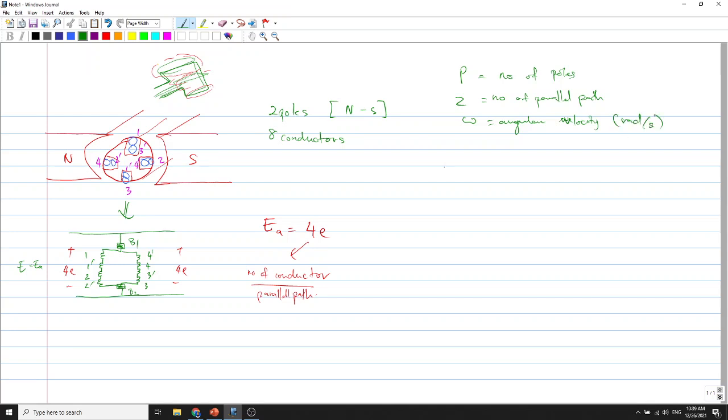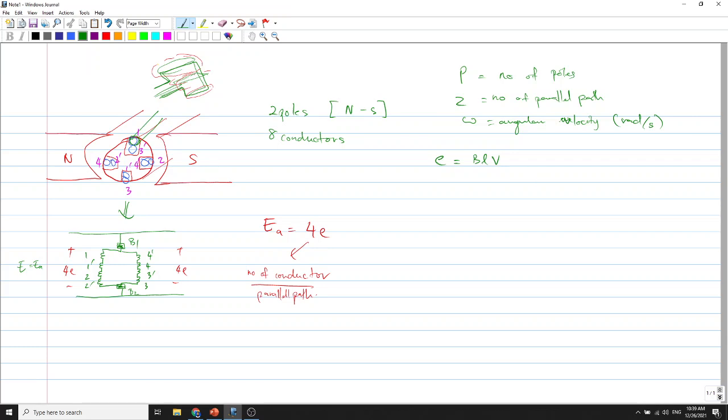As we know, for the induced EMF in one conductor, when we try to find the voltage induced in the rotating loop, the formula is E equals BLV.